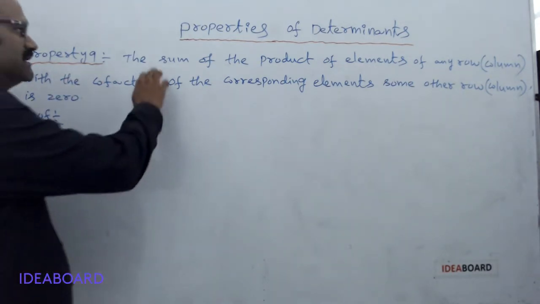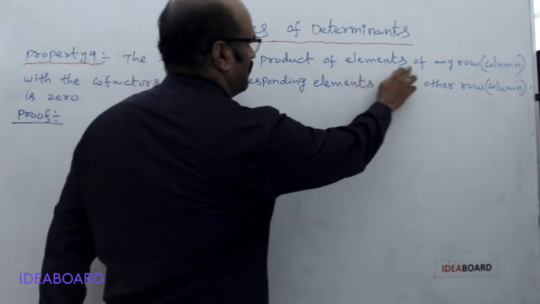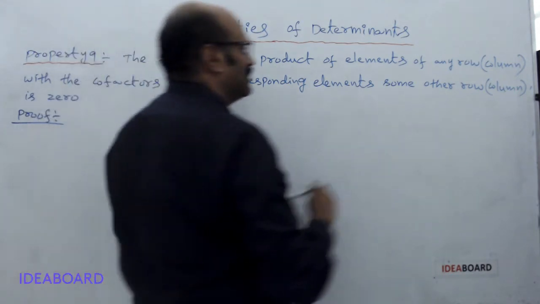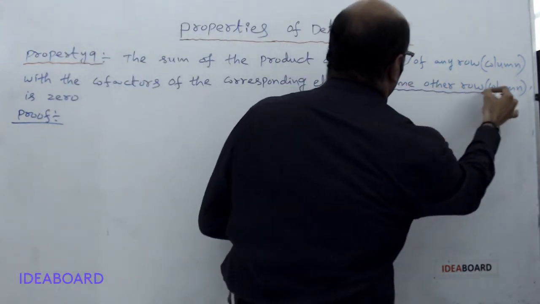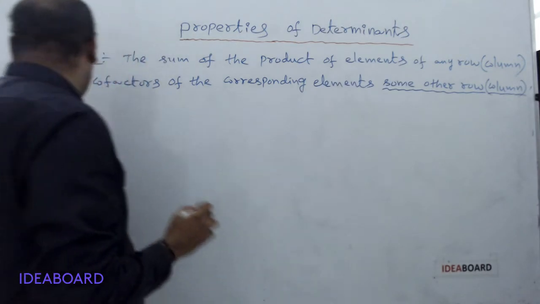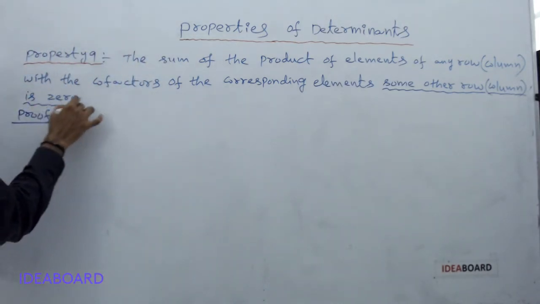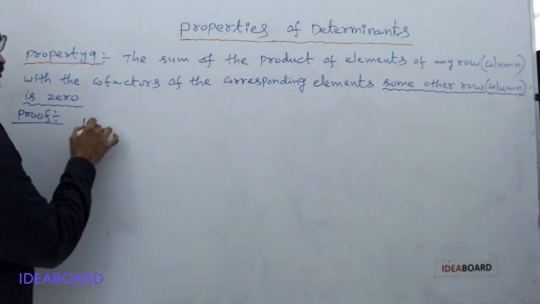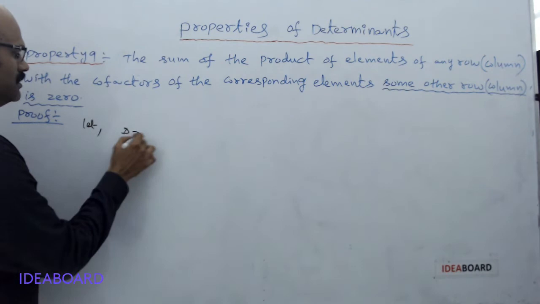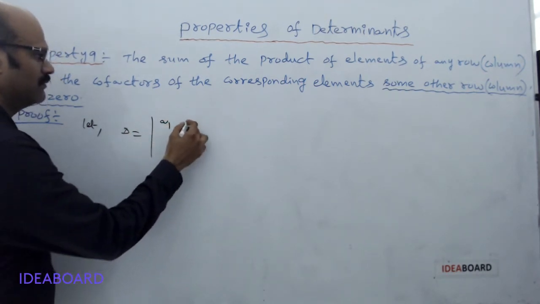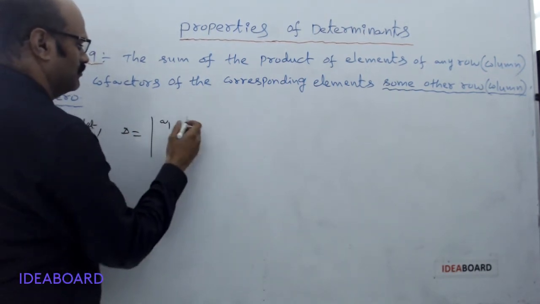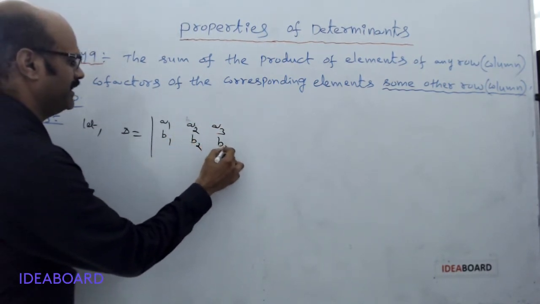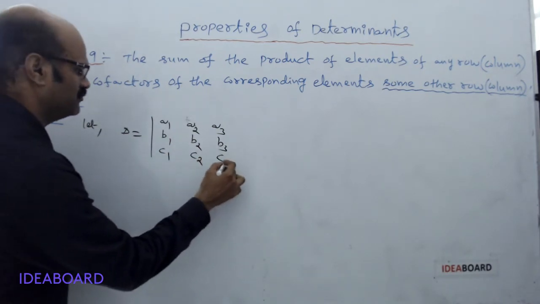Property 9. The sum of the products of elements of any row or column with the cofactors of the corresponding elements of some other row or column is always equal to 0. Now here let delta equal to determinant of A1, A2, A3, B1, B2, B3, C1, C2, C3.